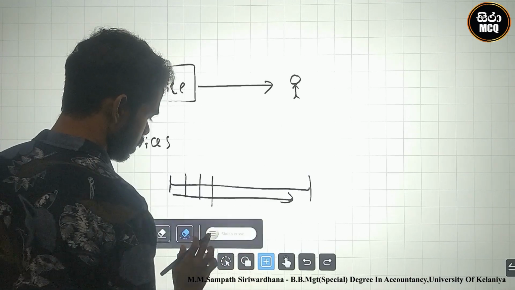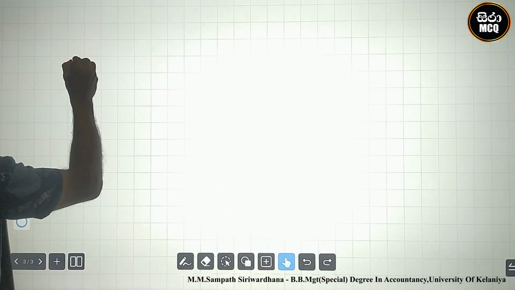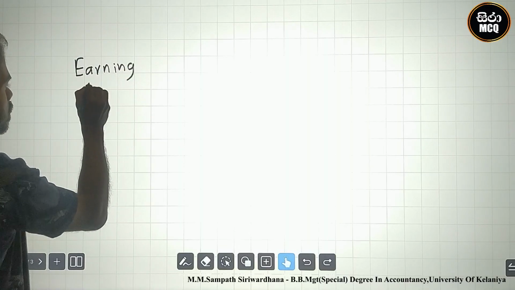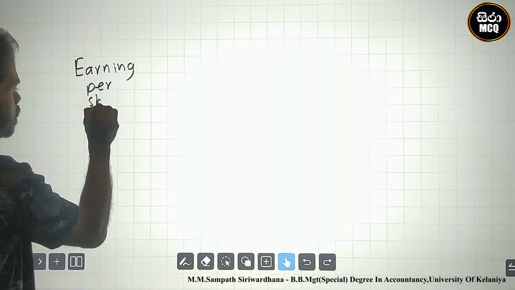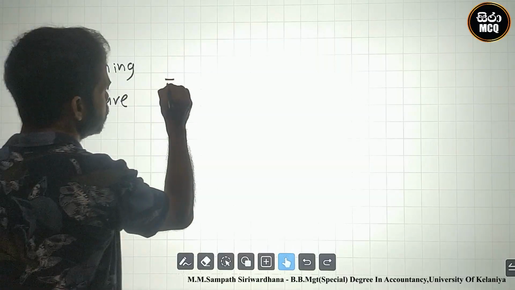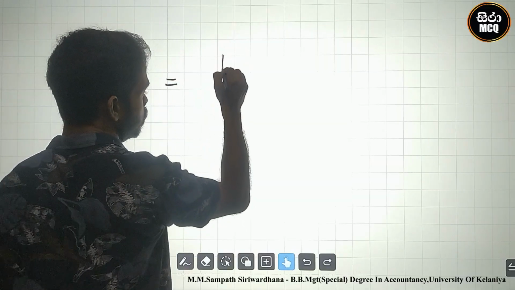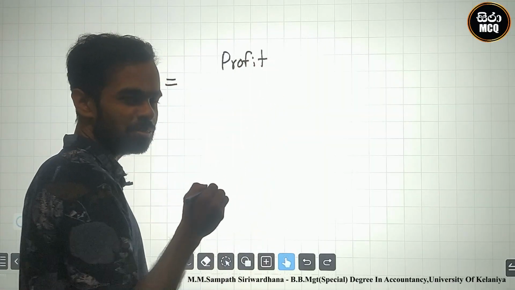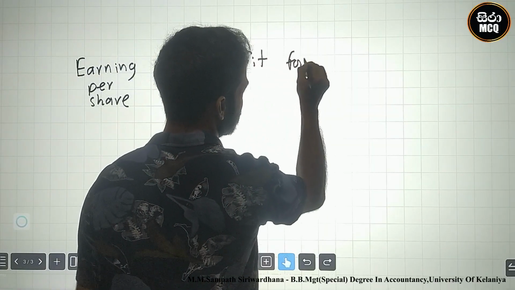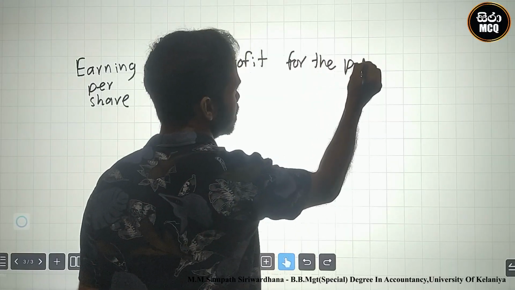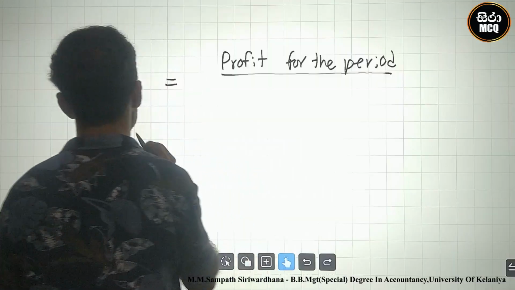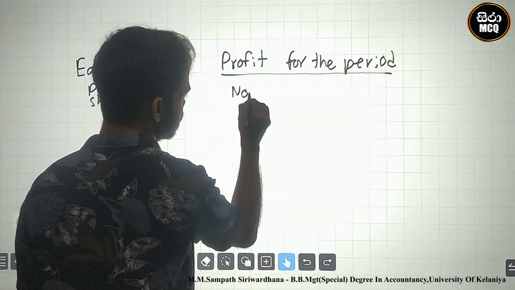It is the profit for the period divided by the number of ordinary shares.